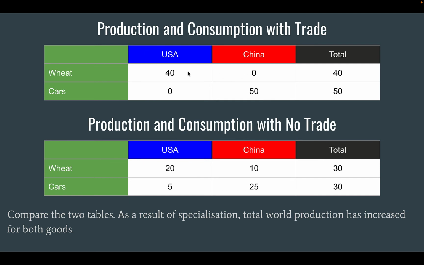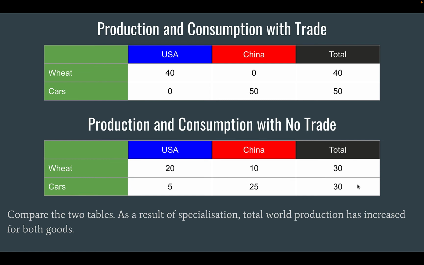So if we add the total amount of wheat that was produced on the planet, that's 40 plus 0, which is 40. If we add the total amount of cars that are produced, that's 0 plus 50, which is 50. Both of these numbers, with specialization and trade, are greater than both of these numbers.